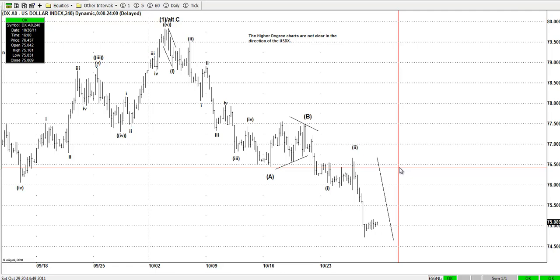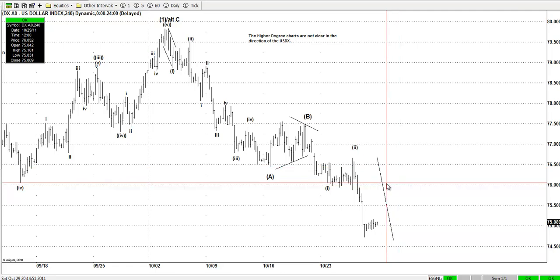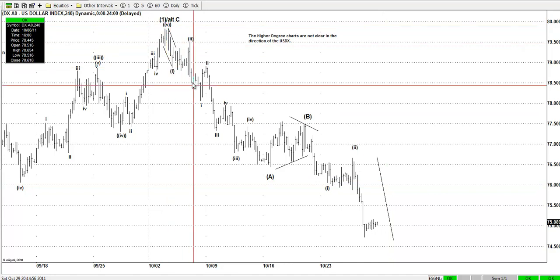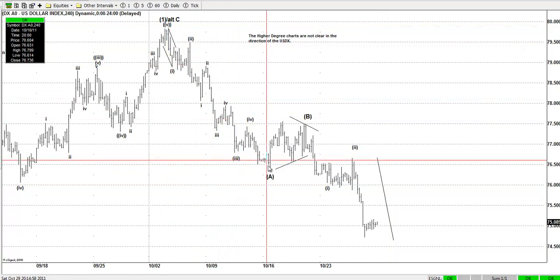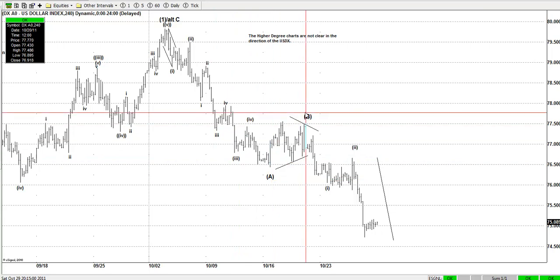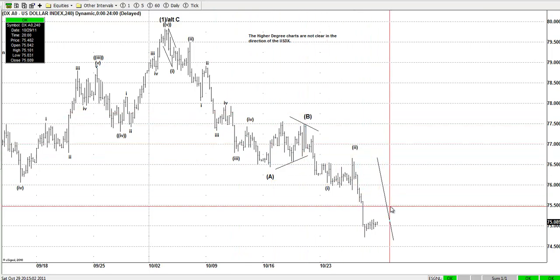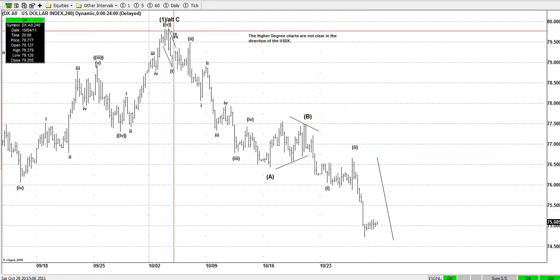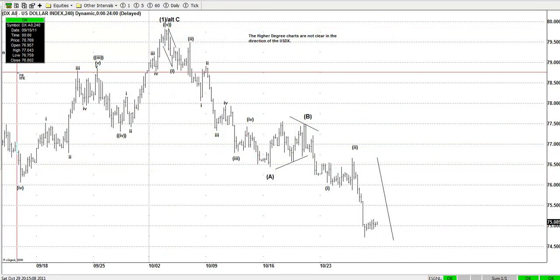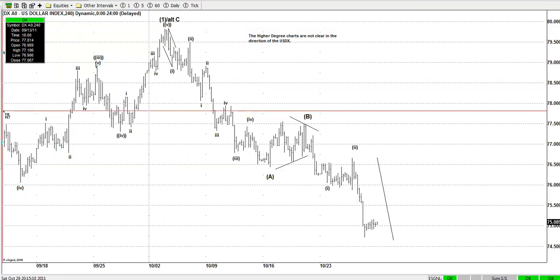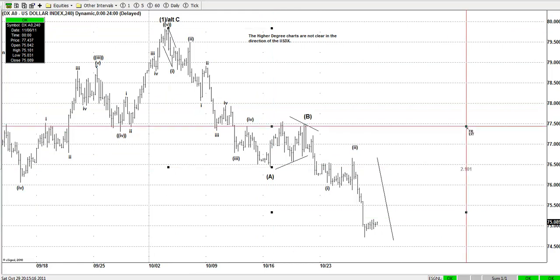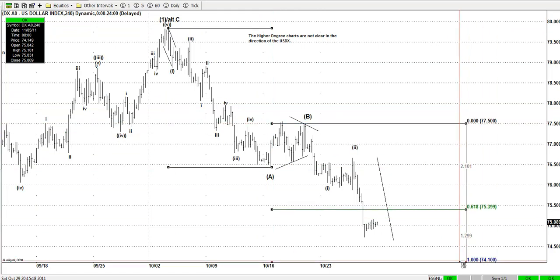But my message is, and this is very clear, look at the US dollar in the 4 hour chart: 1, 2, 1, 2, 3, 4, 5, 3, 4, and an A, B, 1, 2, and going lower. The US dollar is going to look for a minimum target around 74.10.